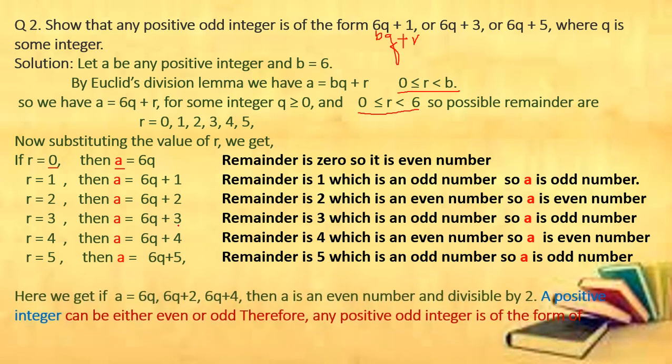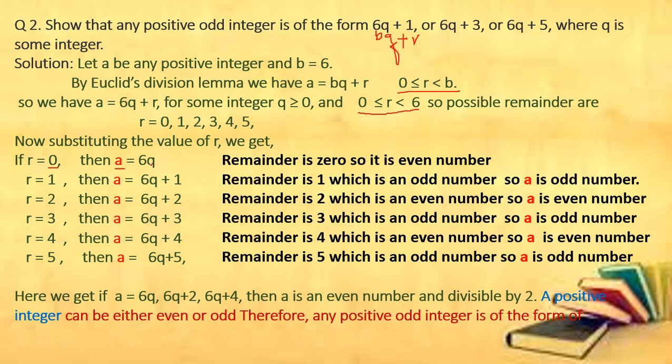Similarly, in all these steps, for all these remainders, we get a formation of an integer a which may be even or odd.